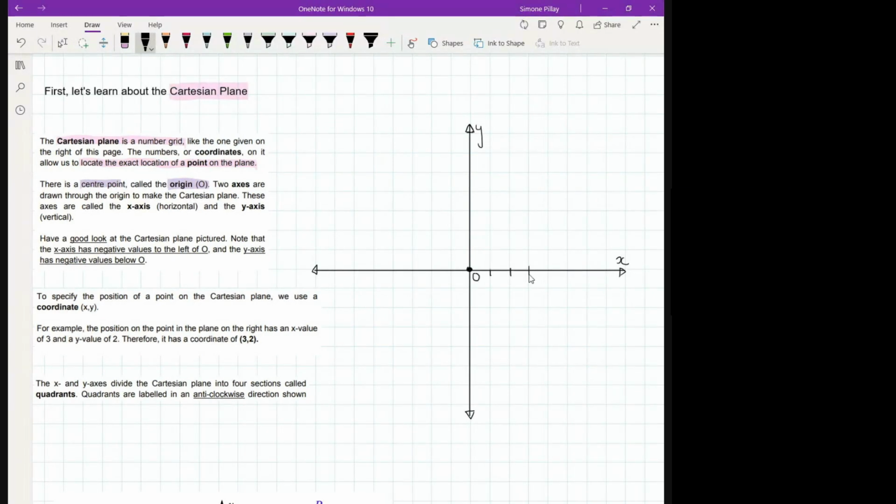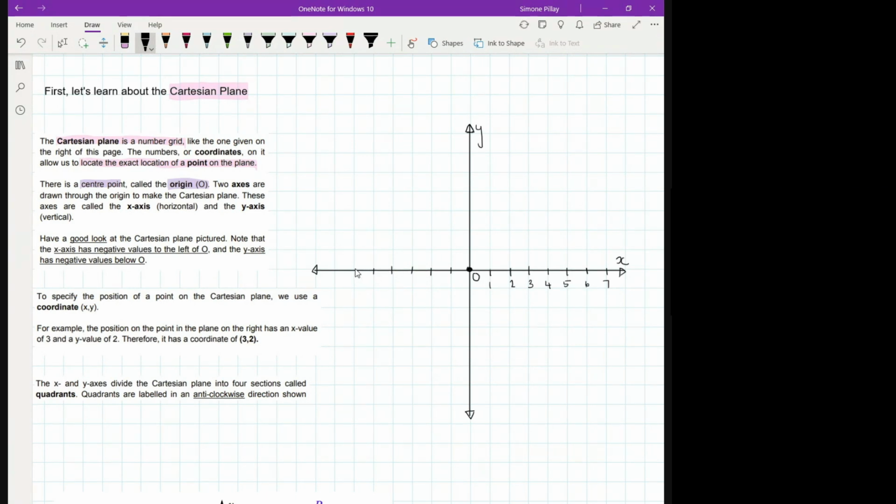This looks like a normal number line that we would draw, and it would go 1, 2, 3, 4, 5, 6, and 7. But we've also now learned about negative numbers. And so that's exactly what it says here, that the x-axis has negative numbers to the left of my origin.